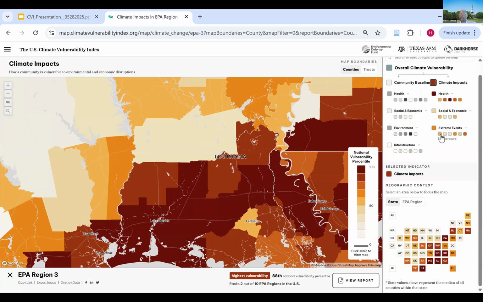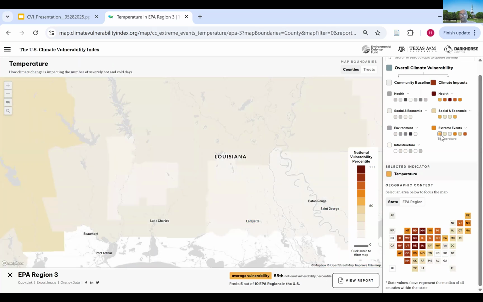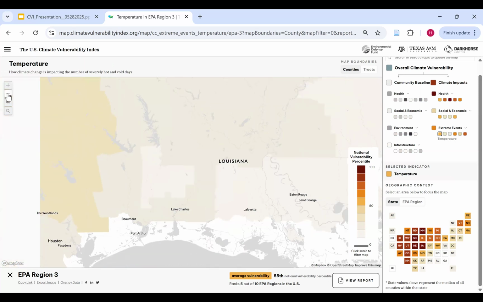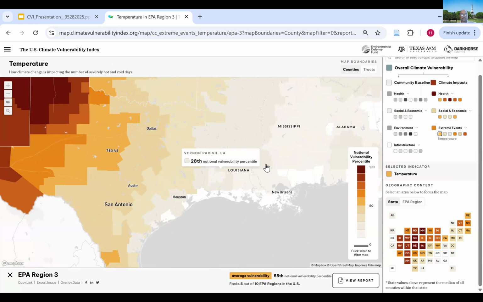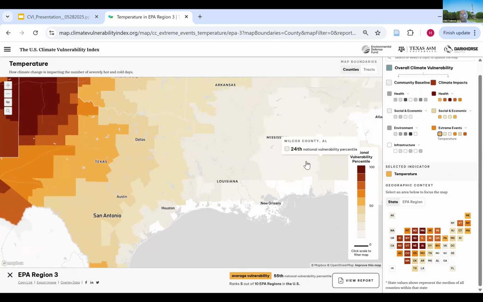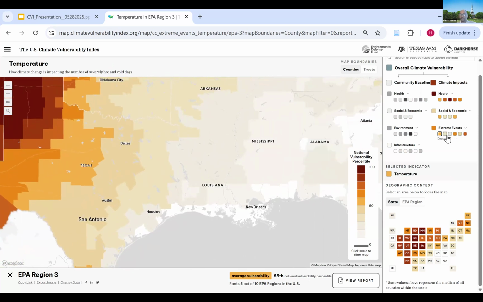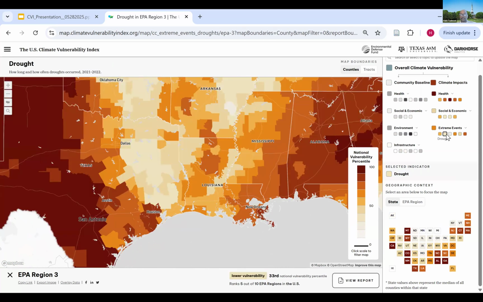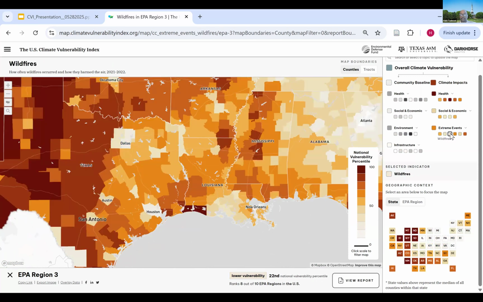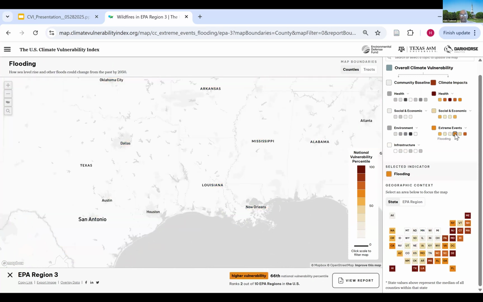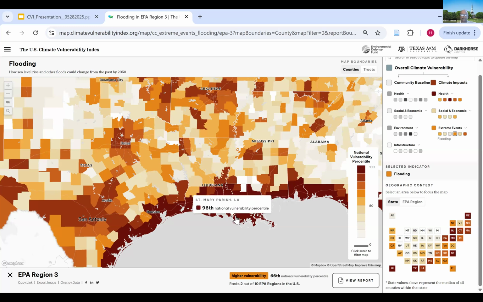Okay, let's check temperature. Well, we know what's happening with temperature. Temperature-wise, Louisiana looks fine. Okay, now drought is also comparable. Okay, flooding is probably the worst, you see.